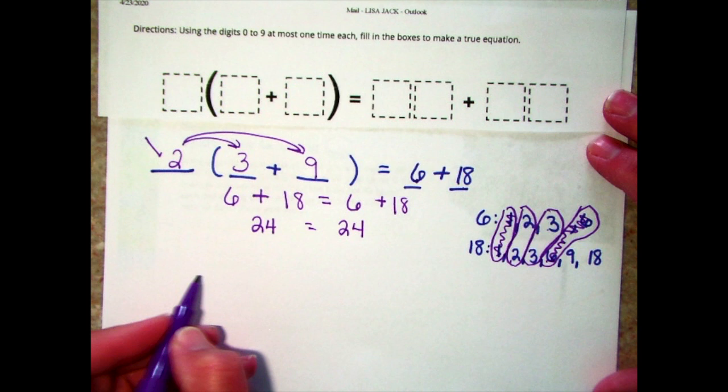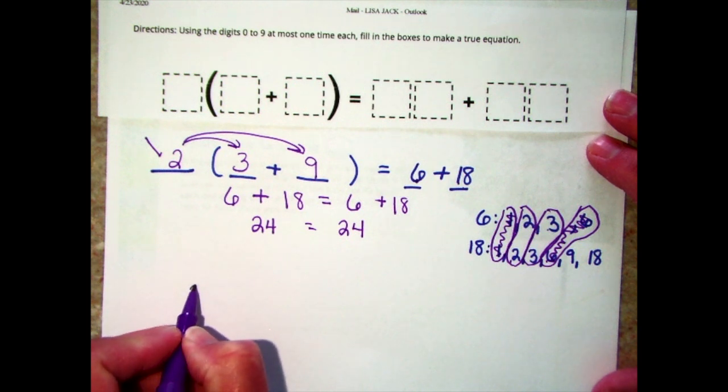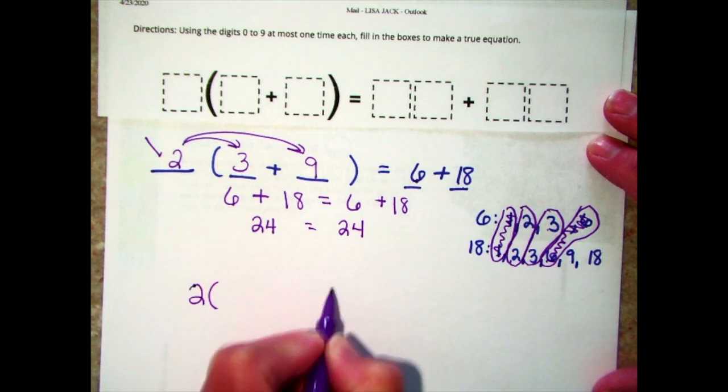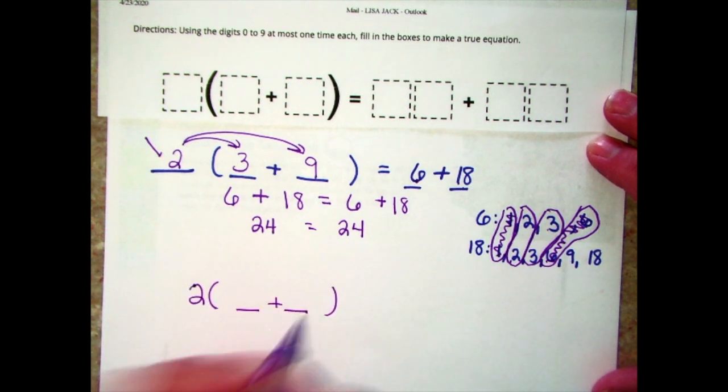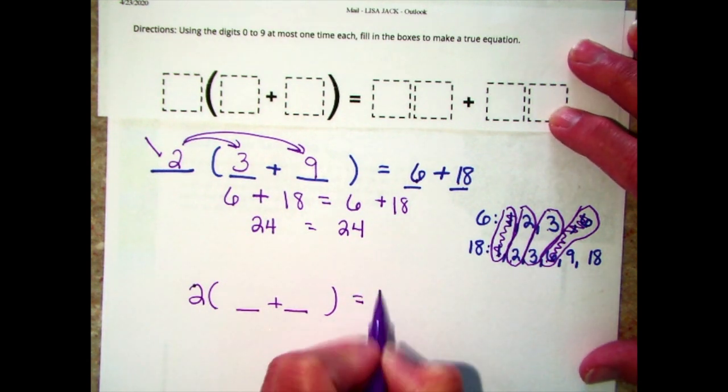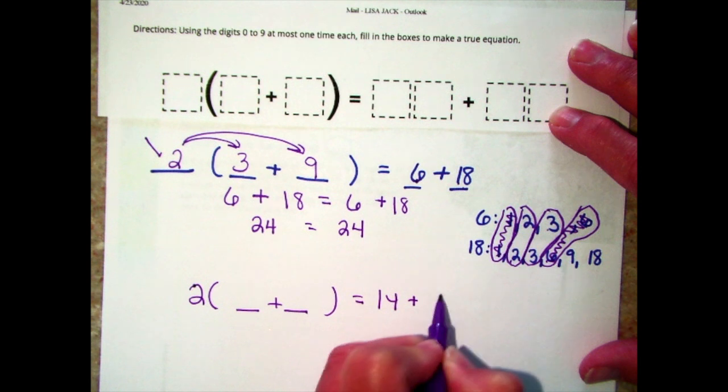If I factored out a 2, let's go with factoring out a 2, and on this side, I'm going to have a plus and a plus, okay? Equals 14 plus 6.